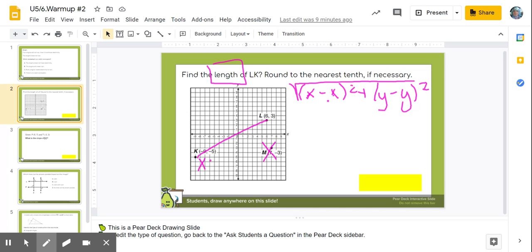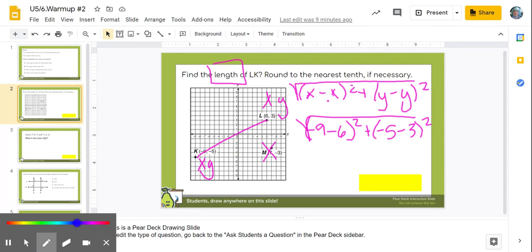Right? Got my X and my Y, my X and my Y. So negative 9 minus 6. Make sure you put it in parentheses before you square it. And then negative 5 minus 3 squared.